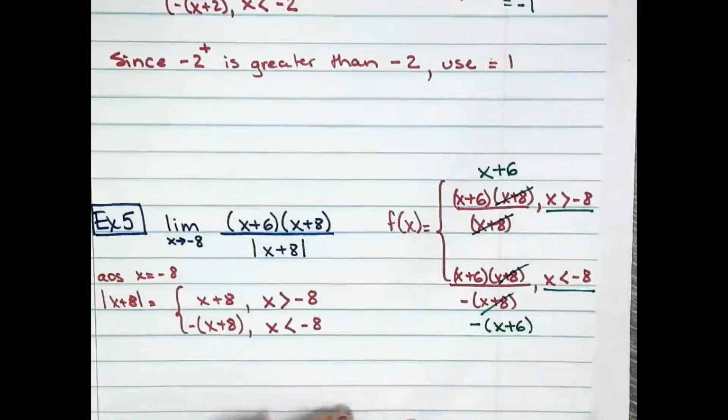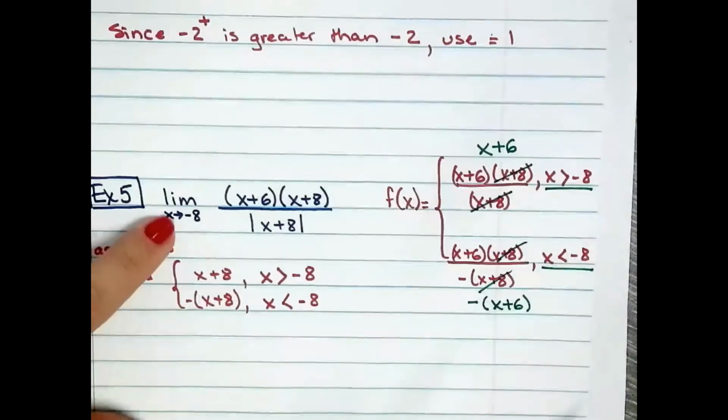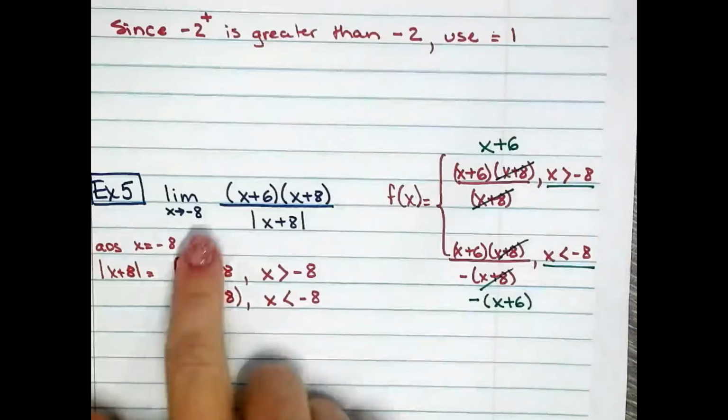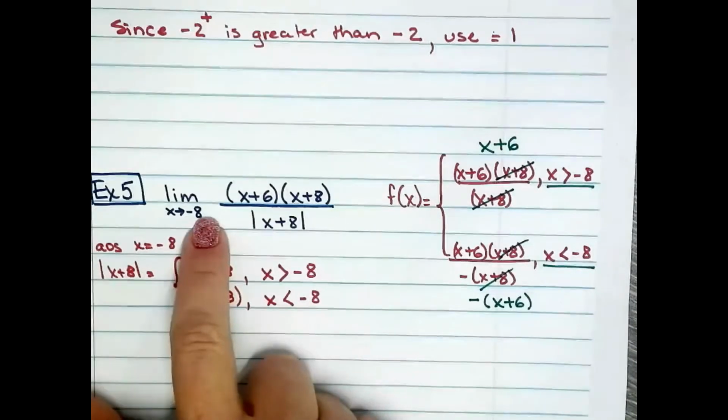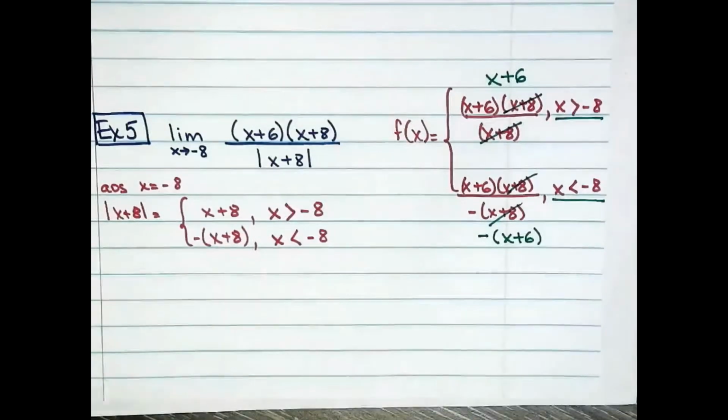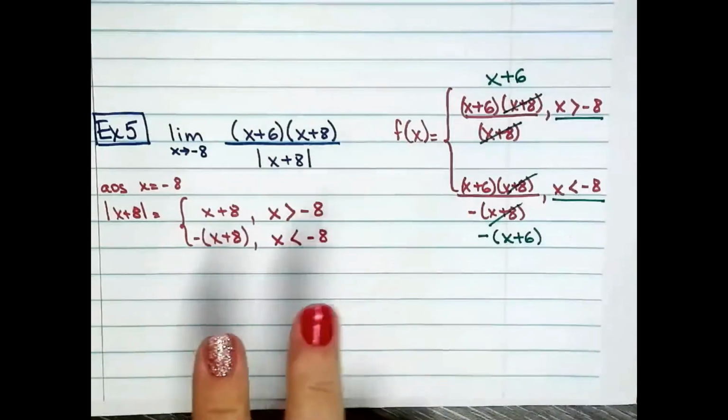Okay, so going back to the question, we have to find the limit as x approaches negative 8. Oh, hold on. It doesn't give me one side or the other side. So that means this is a two-sided limit that I have to find. When you're finding a two-sided limit, the limit only exists if they agree.